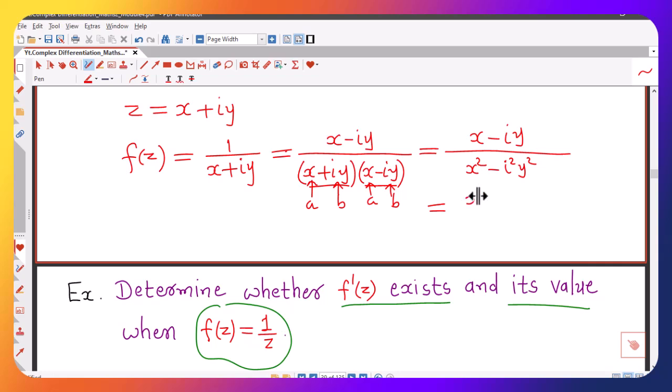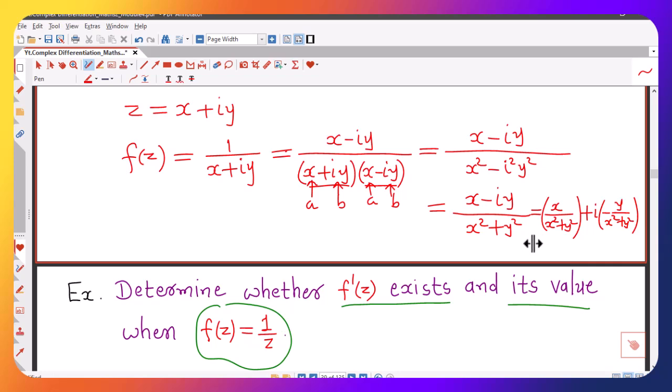Now we know that i squared is minus 1 and we have a negative sign here, so this is going to be x squared plus y squared, and this I can rewrite as x divided by x squared plus y squared plus i times minus y divided by x squared plus y squared.